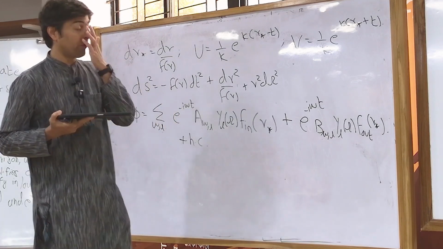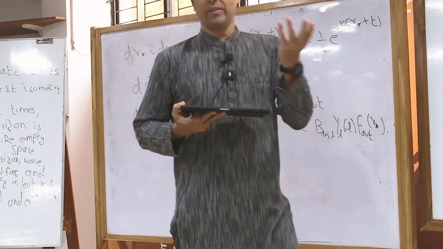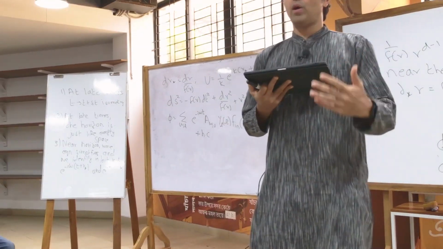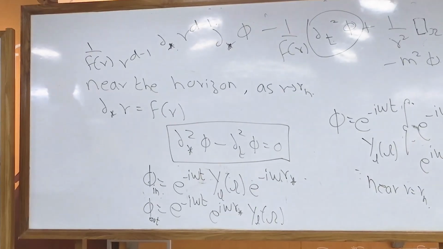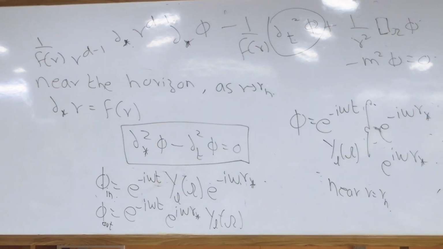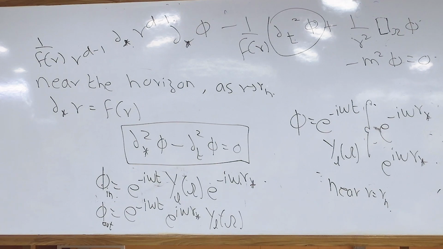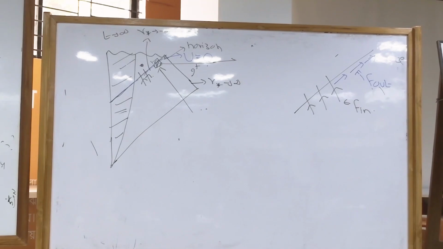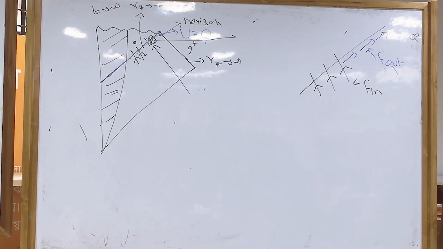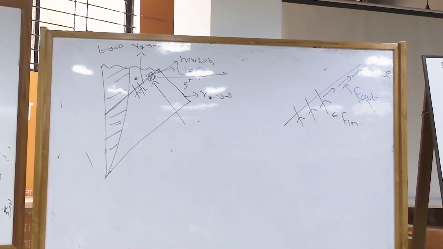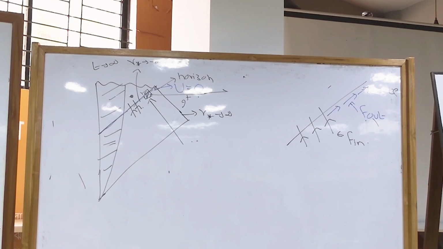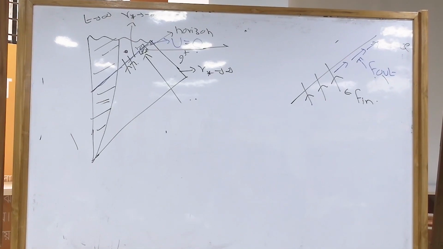You take the solutions of the equations of motion, it's a linear field equation we are trying to quantize, of course you can go higher order in perturbation theory, and you take the coefficients of those solutions of the equations of motion and you convert them to operators. And so these a omega l's and these b omega l's are now operators. And this is the e to the minus i omega t. This f in of r star is going to be related to the ingoing solution, although I'm going to say one thing which is a slight subtlety which you should keep in mind. And this is the part on the sphere. So this is how you would quantize the field in the black hole background.